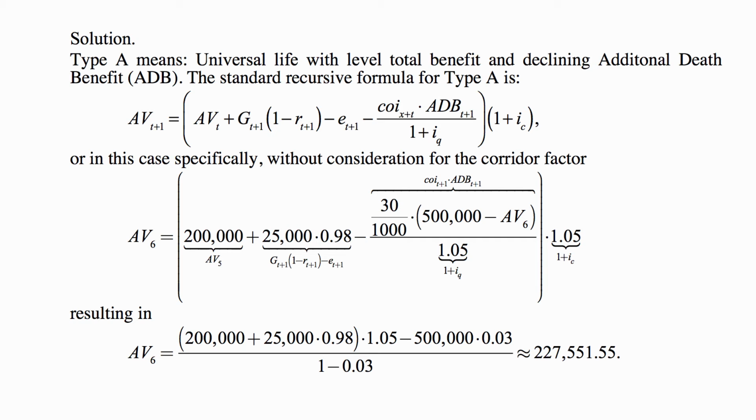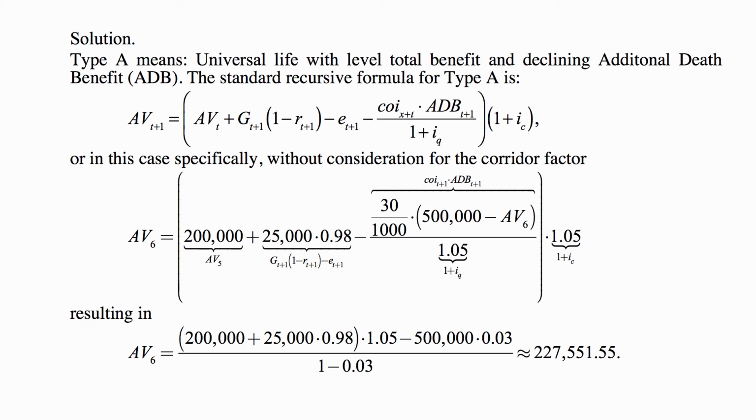After expenses is 25,000 times 0.98, and then the cost of insurance rate is 30 per thousand times 500,000 minus the account value. That's the additional death benefit. All of this discounted at the rate I sub Q, which was 5%. And then the entire quantity is accumulated at 5%, which is the credited rate.